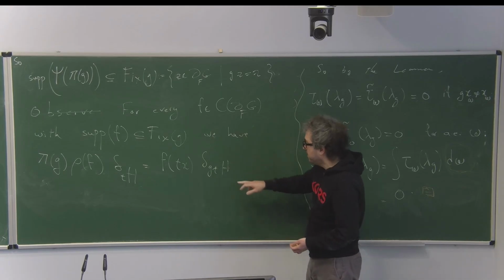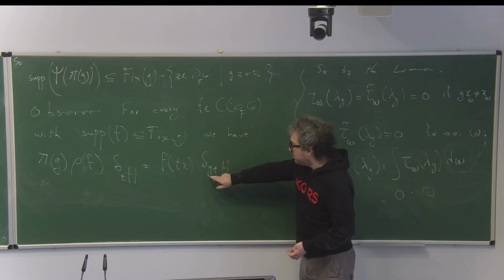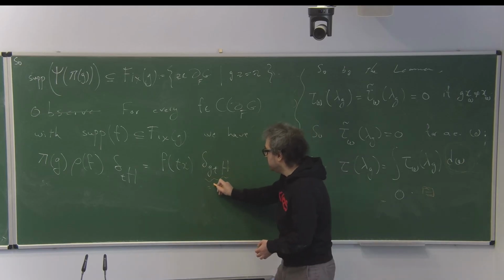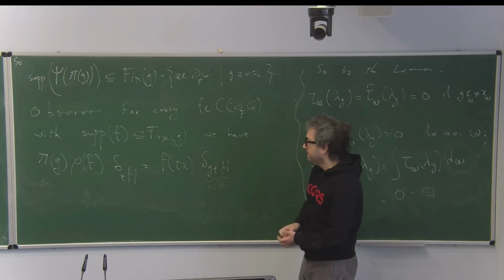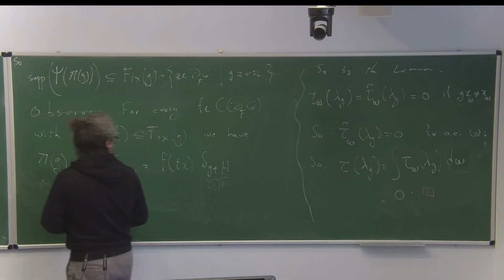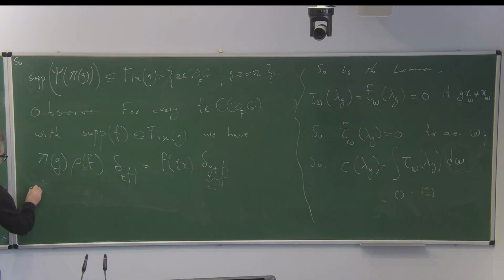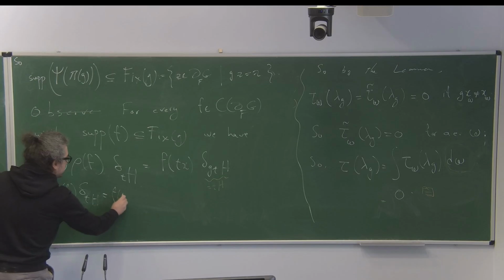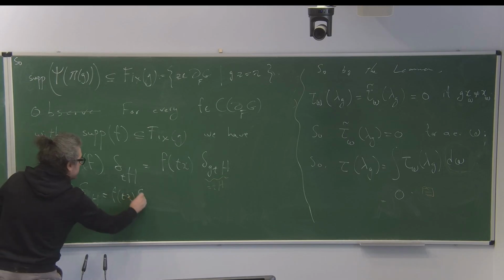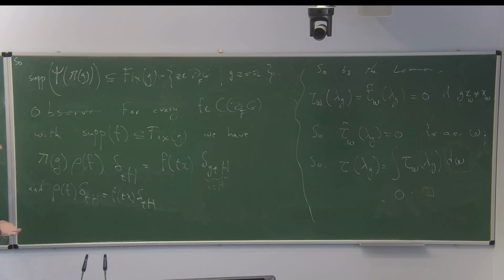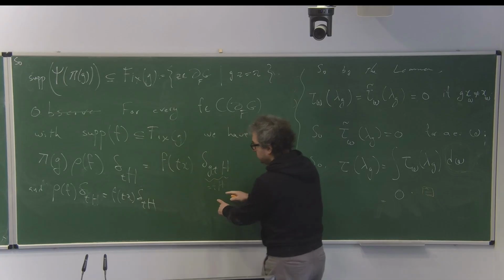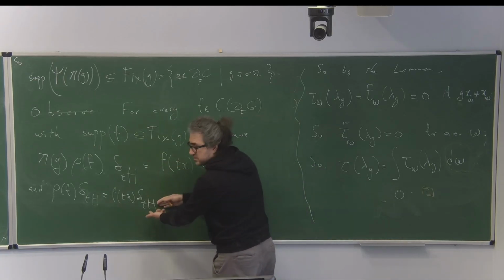And by definition, rho f applied to it is just f of tx delta th. If gth equals th, then these two are the same.